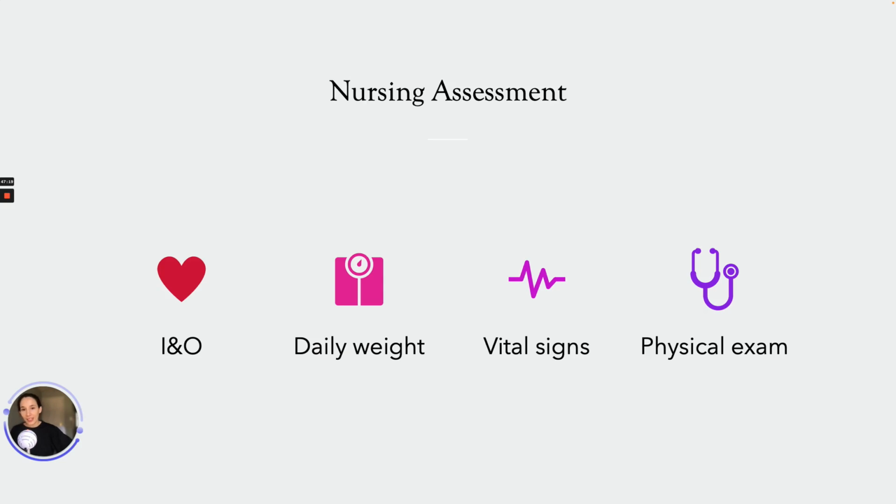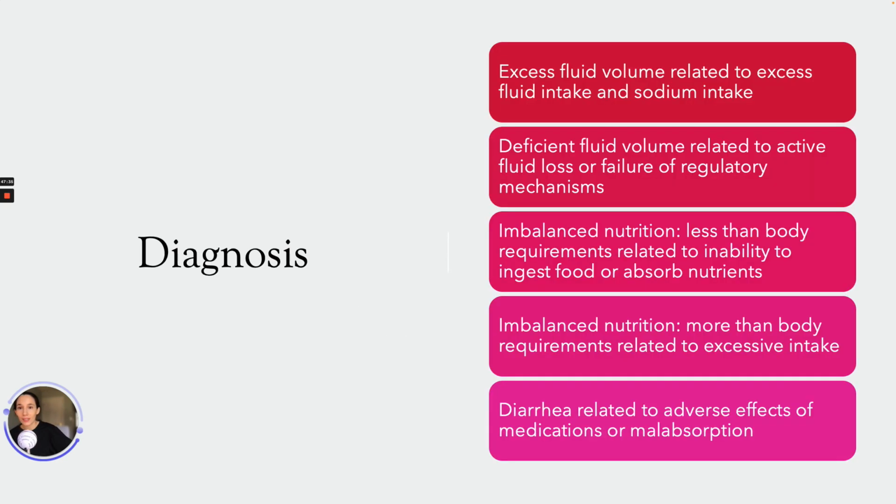So our nursing assessment, we're again looking at those I's and O's at least every 8 hours, but can even be as often as hourly. We're going to do daily weights to measure gains and losses. We're going to look at vital signs, and we're going to do physical exams to assess for fluid and electrolyte imbalances. These are just some different diagnoses that we can use when assessing fluid and electrolyte imbalances.